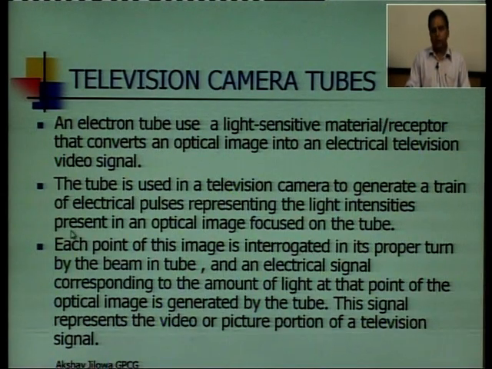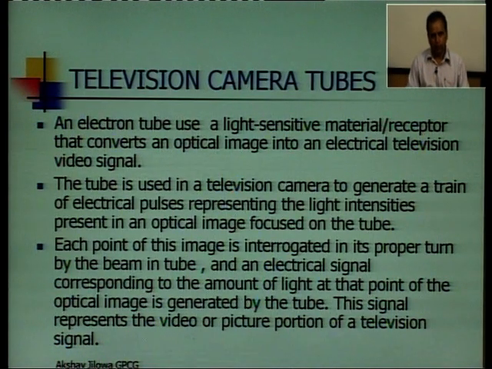Each point of this image is interrogated in its proper turn by the beam in the tube, and an electrical signal corresponding to the amount of light at that point of the optical image is generated by the tube. This signal represents the video or picture portion of the television signal.